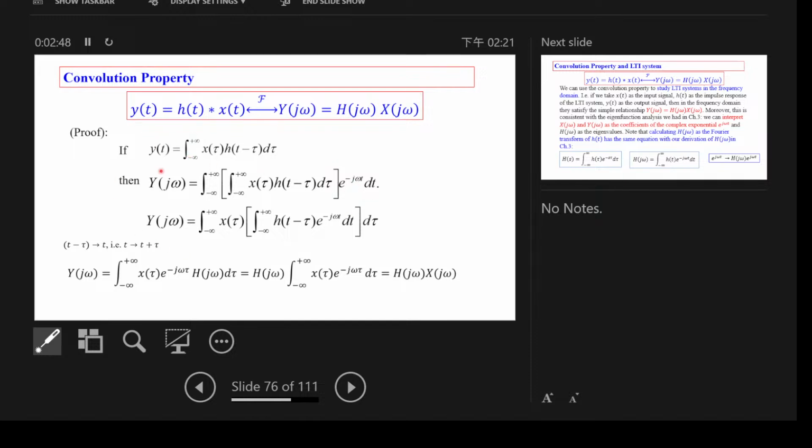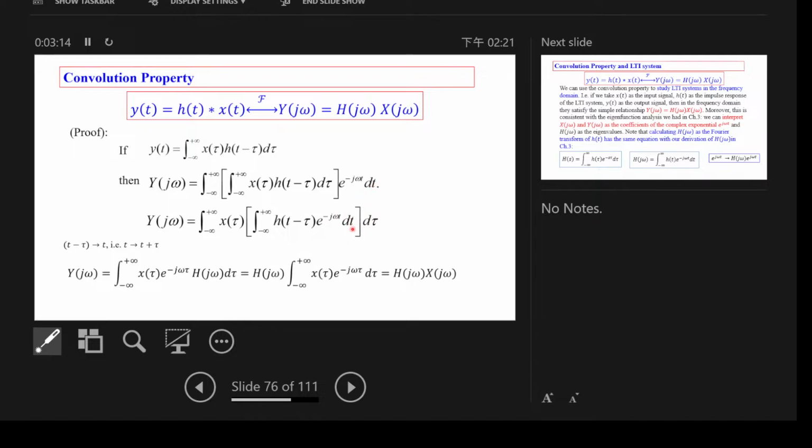You write your y of t as a convolution of x of t and h of t, then you Fourier transform to big Y with the Fourier transform equation, and you change the order of integration. This is something that you usually do when deriving these properties. So you have an integration on tau and an integration on t, then you change the order of integration.